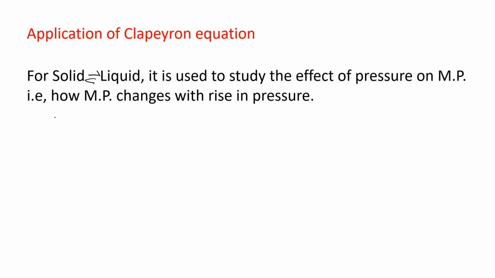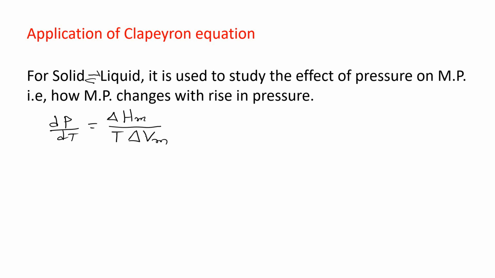Just now we have seen the Clapeyron equation dP by dT, and if I consider the molar enthalpy change, it is delta Hm divided by T delta Vm. Now I have considered the solid to liquid phase, which is fusion.